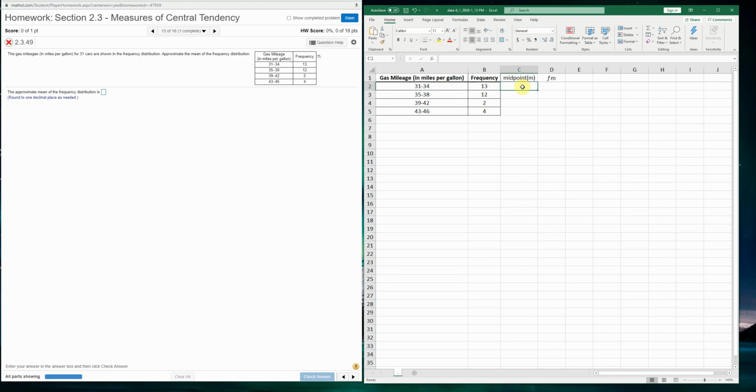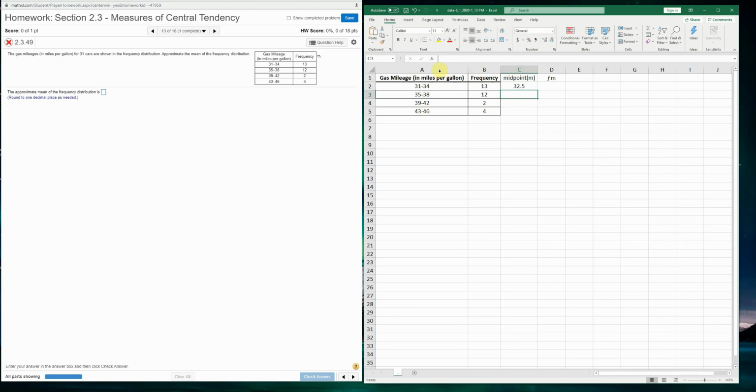I'm going to find my midpoint just like we did before. Now in this case, I actually have to type in the values. I have two choices. I could have separated these classes here and just written them as two columns. But I'm just going to type it in just one time. So I'm going to do equals 31 plus 34 divided by 2.